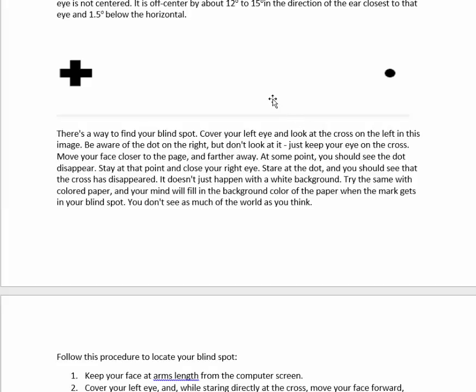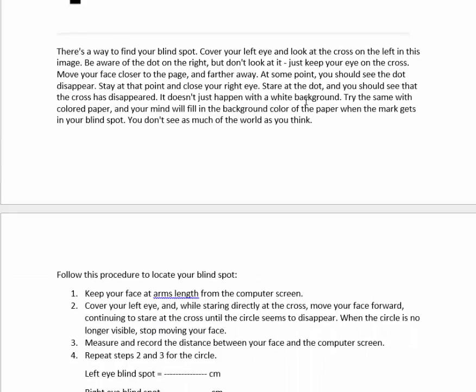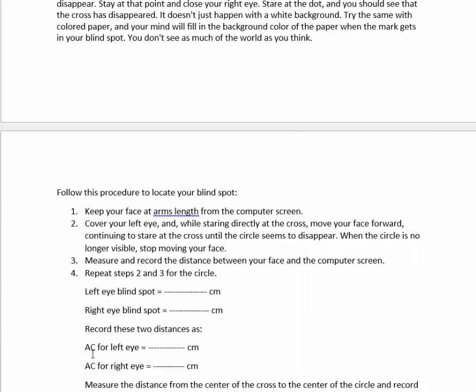Now once again, keep the computer screen at arm's length. Now your face is, say, between the cross and the circle. Close your left eye and stare directly at the cross. Move your face slightly forward until the dot becomes visible as well. Now measure the distance between your face and the computer screen and record it as AC.